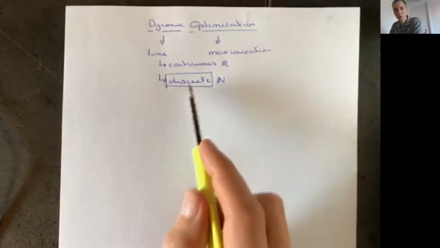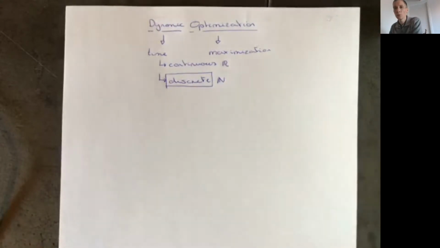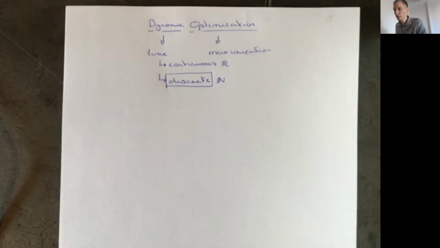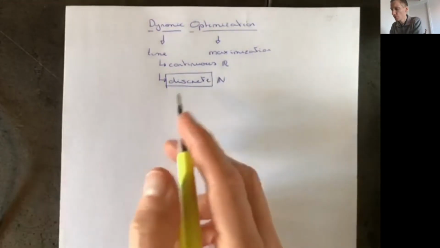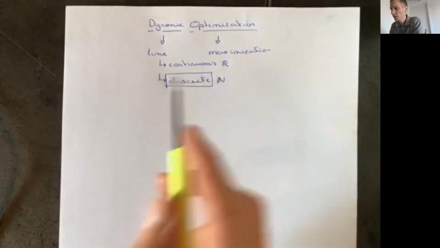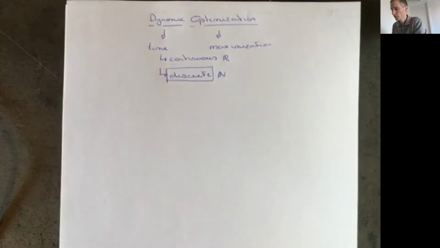The second one is that it's easier to implement them on a computer. If you work with continuous time, you have to use finite approximations anyway, because computers cannot handle continuous variables, so you have to resort to discrete settings anyway. In this case, discrete time optimization models are a bit easier.